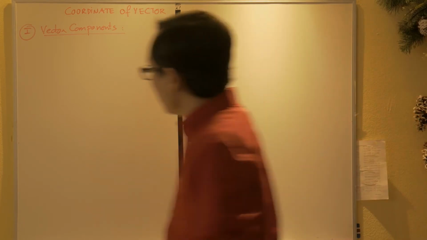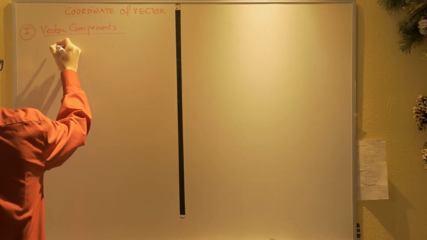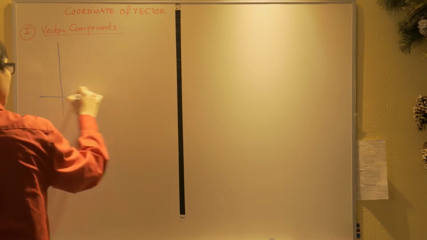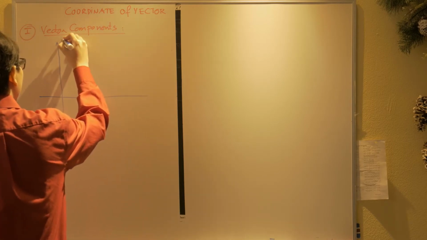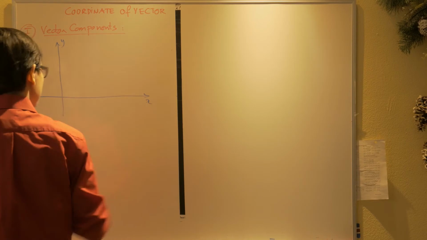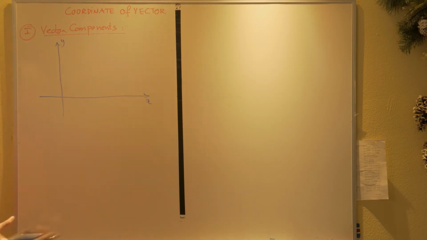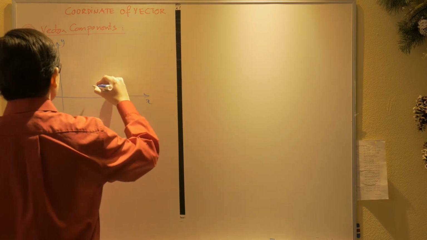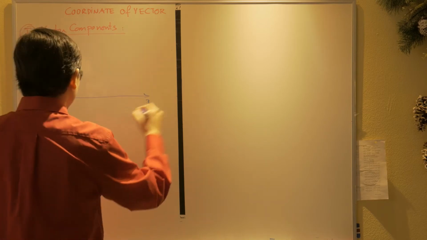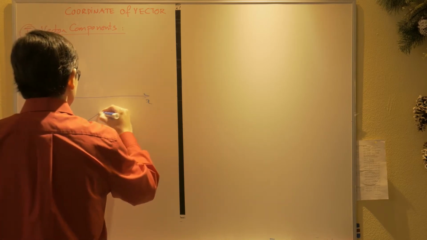I want you to take a look at this vector. First of all, I have the coordinate system, and on this coordinate system I draw a vector, and I call it vector AB.